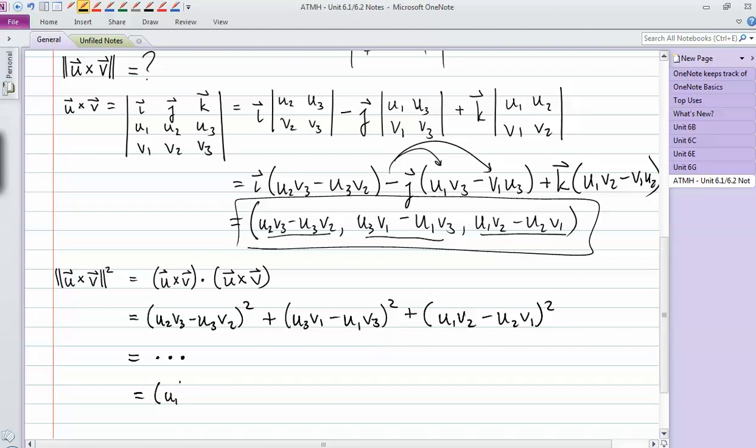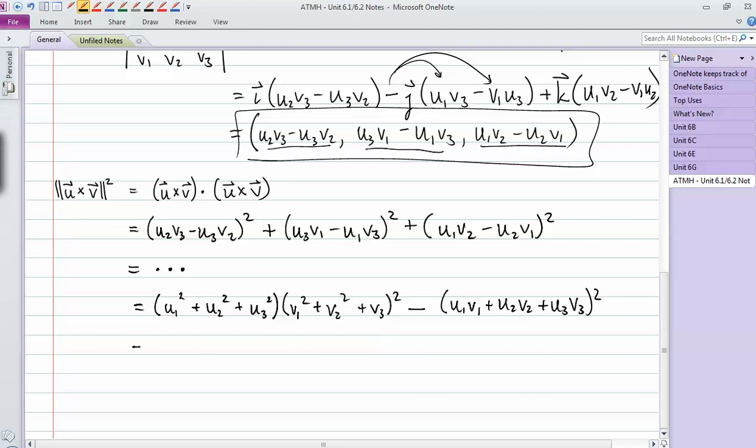It's (u1 squared plus u2 squared plus u3 squared) times (v1 squared plus v2 squared plus v3 squared) minus (u1 v1 plus u2 v2 plus u3 v3) all squared.